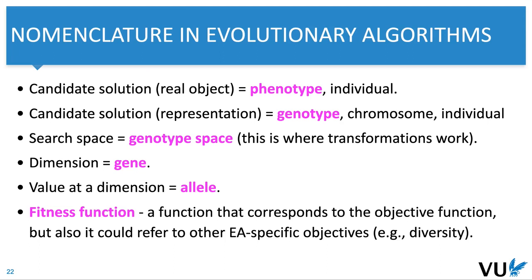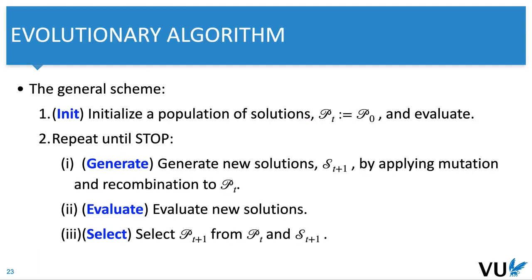So for instance, if we want to have more diverse candidate solutions, you can play with the selection mechanism, or you can play with the fitness function, and so on. But the fitness function is extremely important. It can be something a bit different than the objective function, but it should reflect it.